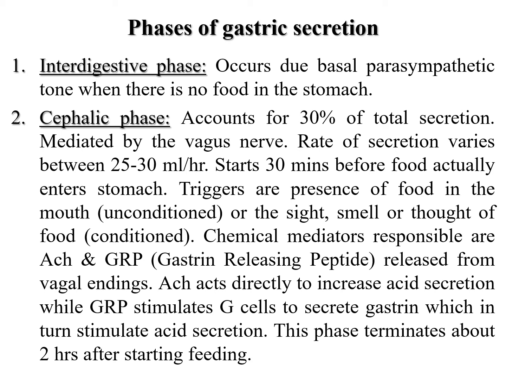The acetylcholine directly increases acid secretion by acting on the parietal cells, while gastrin releasing peptide stimulates G cells present in the stomach mucosa to secrete gastrin, which in turn stimulates acid secretion.